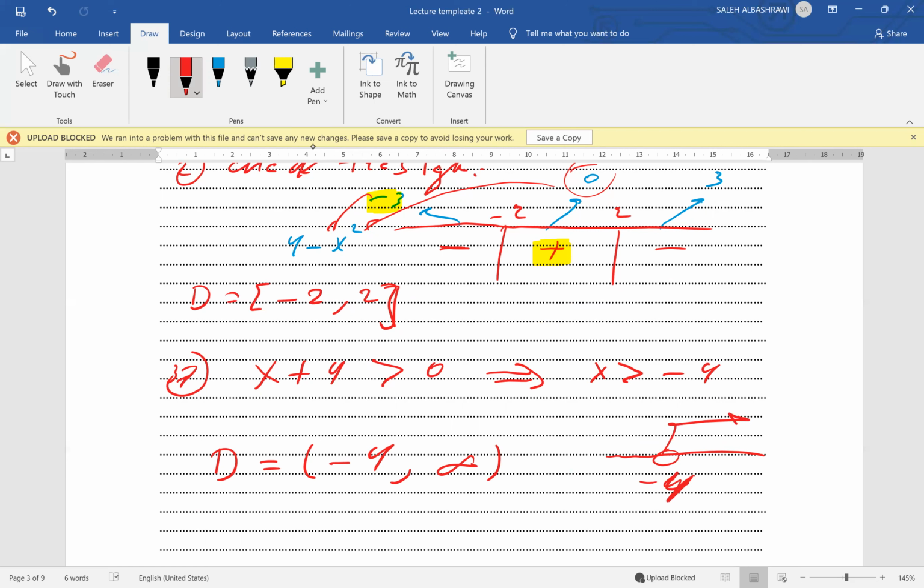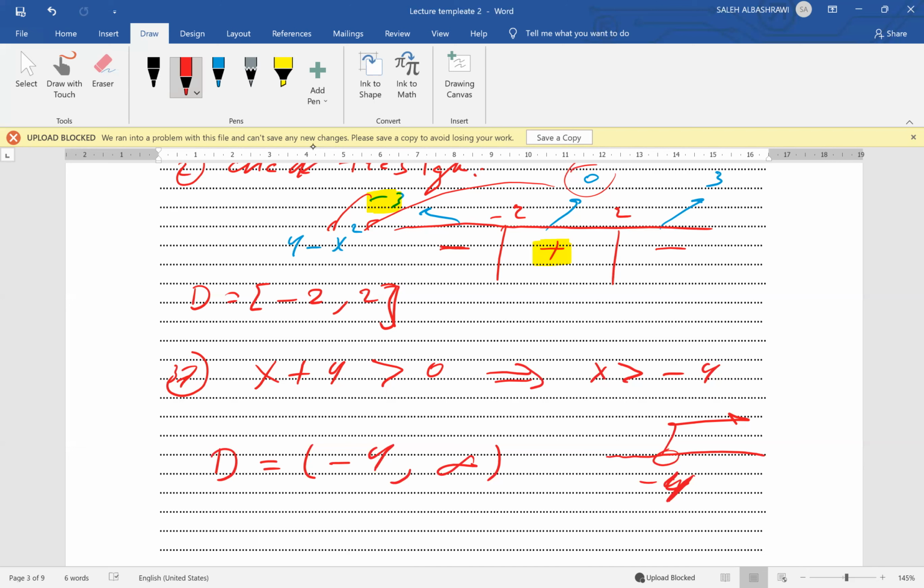So again, if we have a polynomial function, the domain will be from minus infinity to plus infinity, or the real numbers. If we have a fractional function, numerator and denominator, we have to find the zeros of the denominator and exclude them from the real numbers. We say the domain will be all the real numbers except the zeros of the denominator. If we have a square root, then for the domain we take what is inside the square root, make it greater than or equal to 0, solve the inequality and find the domain.